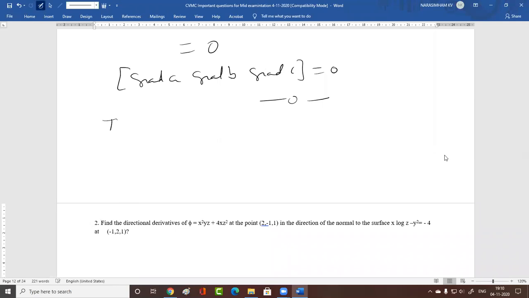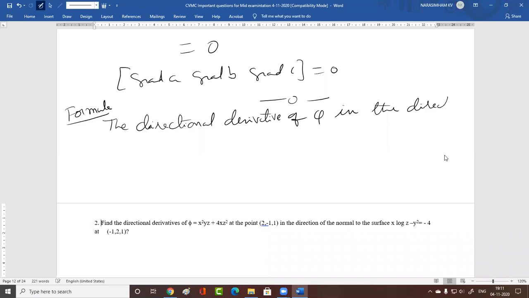The directional derivative formula: the directional derivative of phi in the direction E bar at a point P is del phi dot E bar by mod E. So this is the formula for finding the directional derivative.